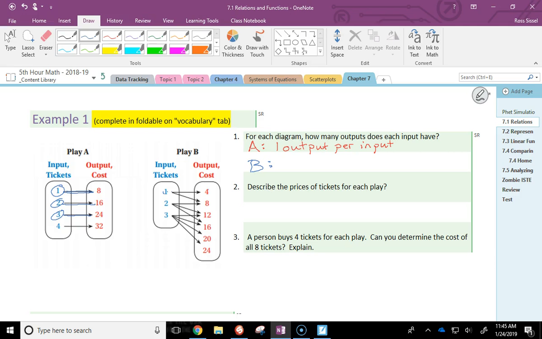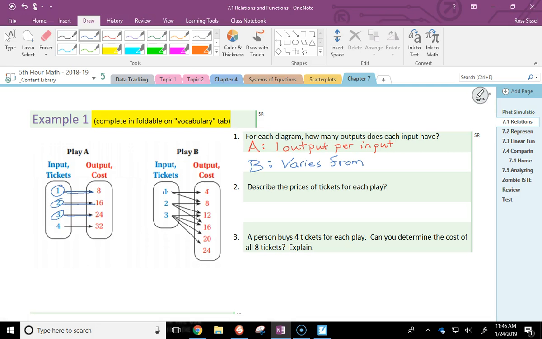It's going to change. So you said it changes. We're going to say it varies from what? What's the smallest one? 2.